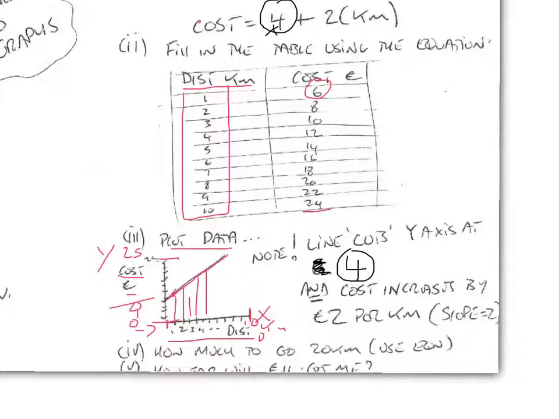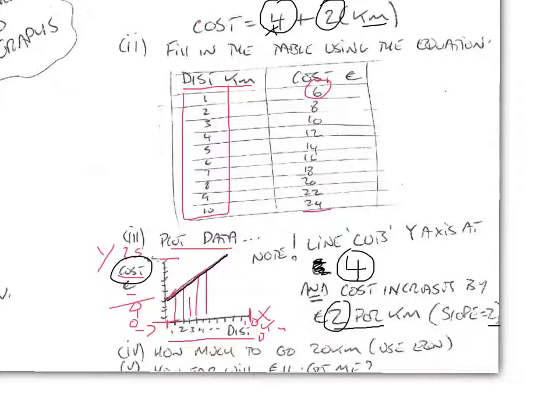And we should also note from the straight line graph when we plot data like this that the cost increases by 2 euros per kilometre. Here is our 2 euro increase per kilometre. And this 2 euro increase is known as the slope.